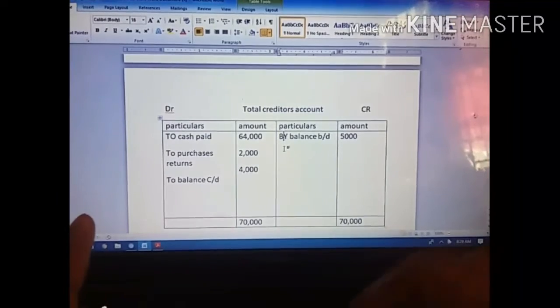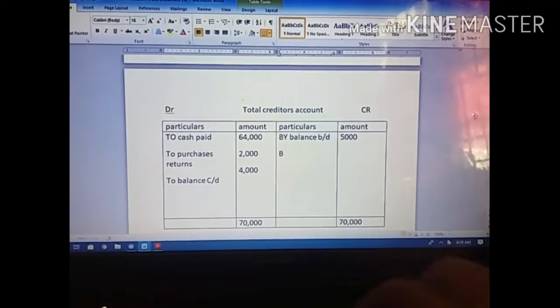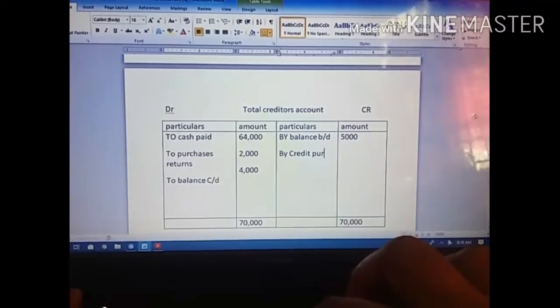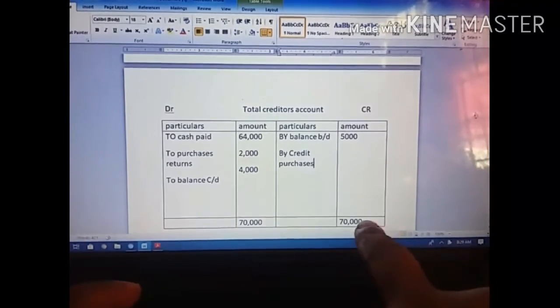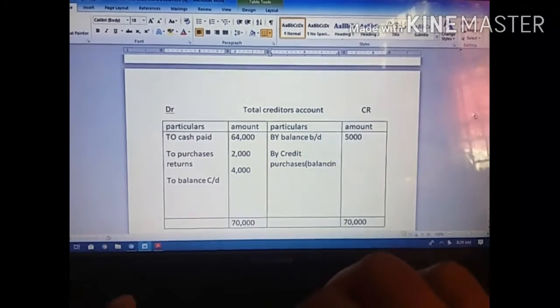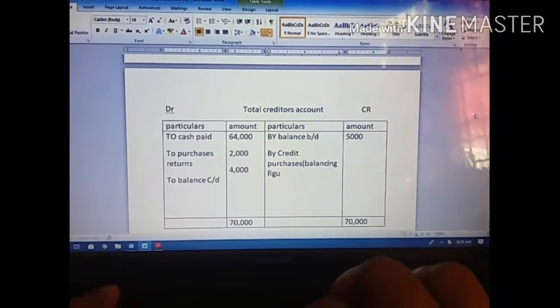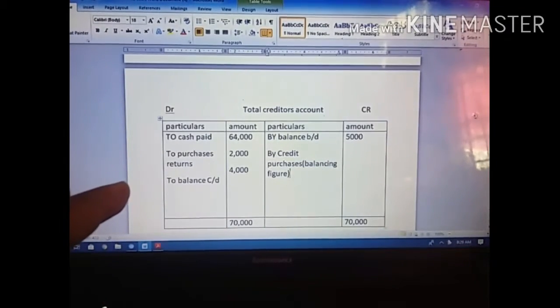So by balance, so this is by credit purchase. So by credit purchase, in bracket you have to mention balancing figure. So in bracket you have to mention 65,000.